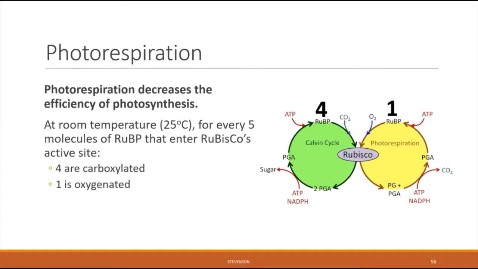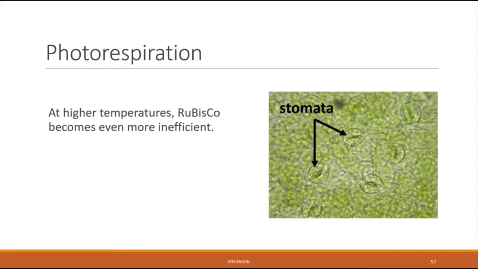So at room temperature, essentially, this means that Rubisco loses 20% of its efficiency because while it focuses 80% of its attention, or 4 out of 5 RuBPs, on the Calvin cycle, it focuses another 20% of its attention on attaching O2 to RuBP in photorespiration. And at higher temperatures, this gets worse because remember, Rubisco is not intelligent. It will just grab whatever is in its environment and attach it to RuBP.